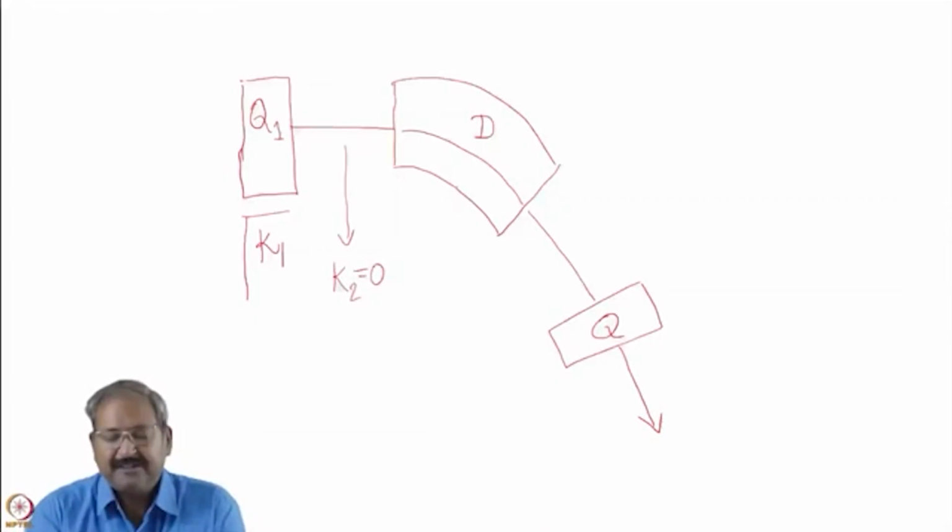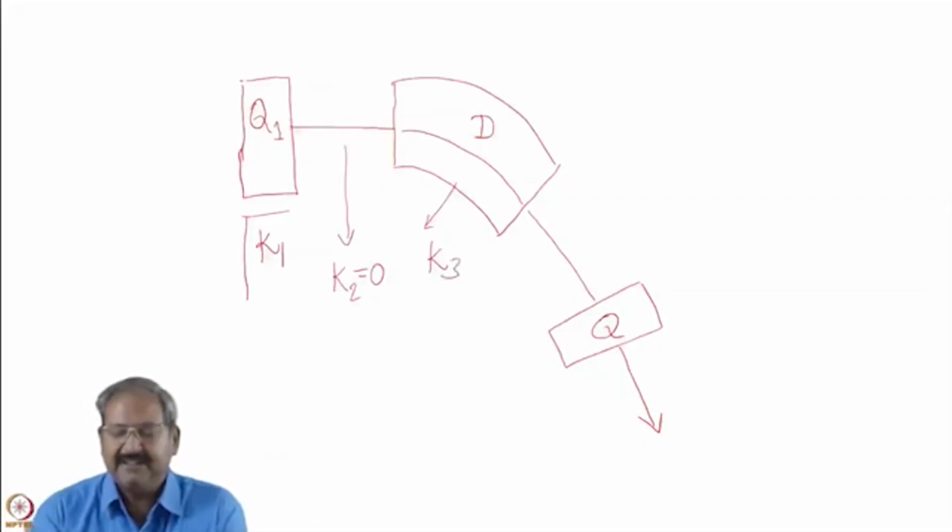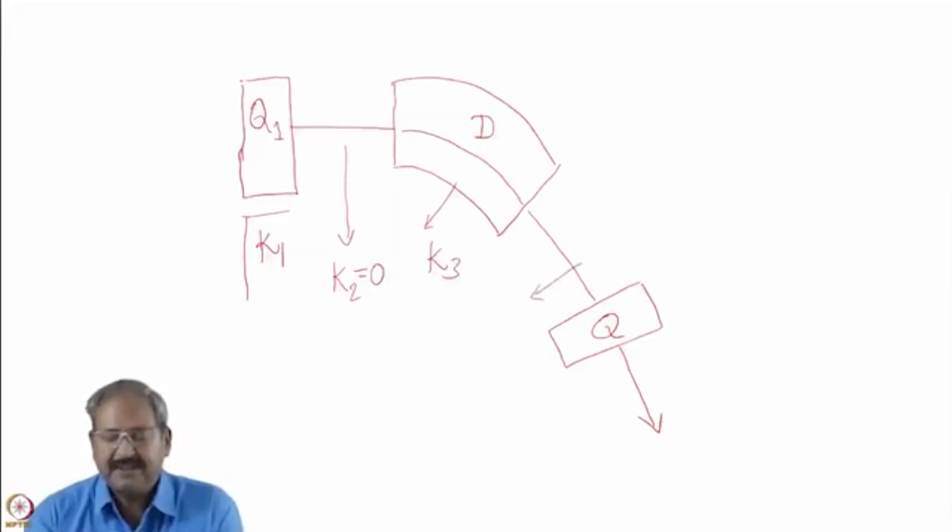Then a dipole magnet, it will have its own K. In the pure dipolar field, it will have only the curvature effect in this K, and in the vertical plane the K will be 0 for such a magnet. Then this is K3. Then again a drift space, so again K4, which is again 0. And another quadrupole, this is Q2. This may have a strength different from K1, so it may have its own strength K5, and like this.